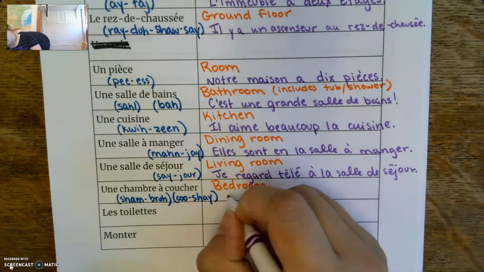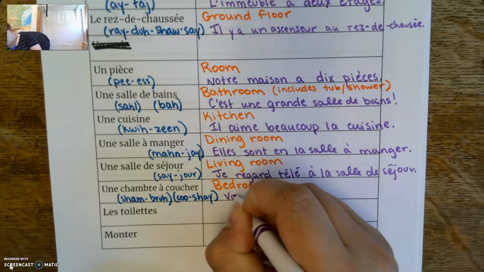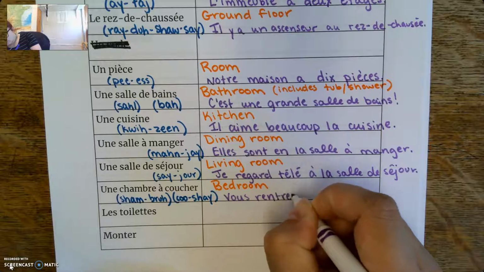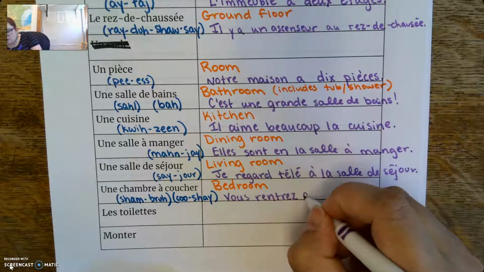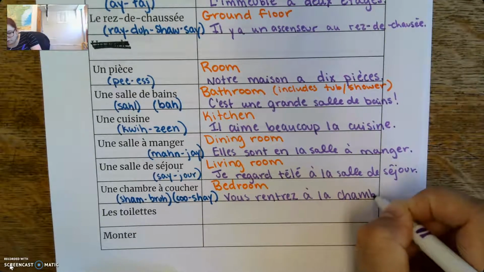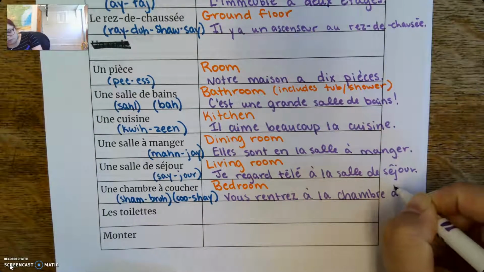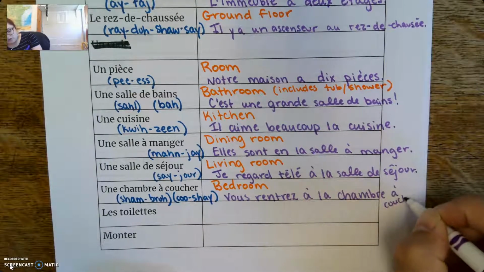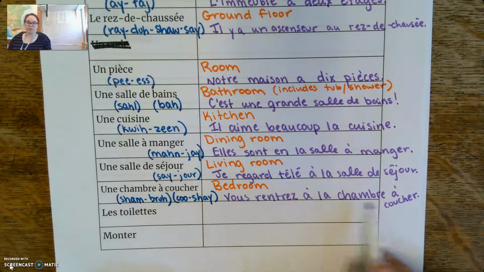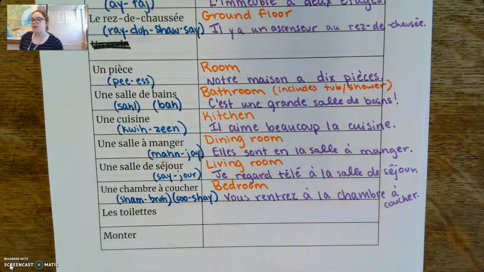So you might say, vous entrez à la chambre à coucher. So you go back to the bedroom. So you started your day there and you're going to rentrer à la chambre à coucher. And you're going to go back to the bedroom so you can dormir, you can sleep.